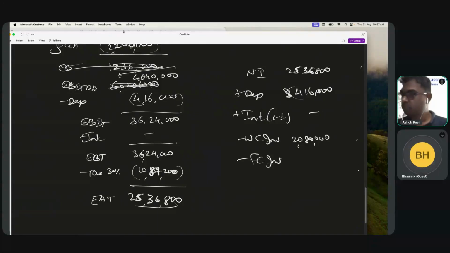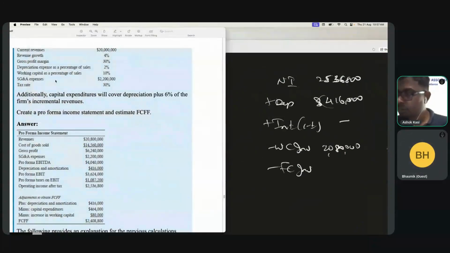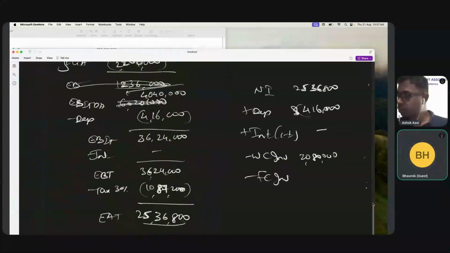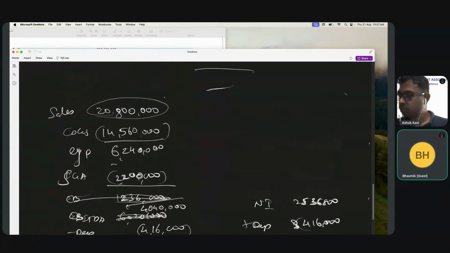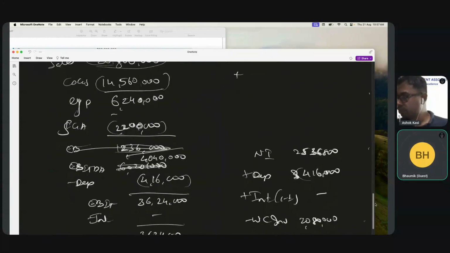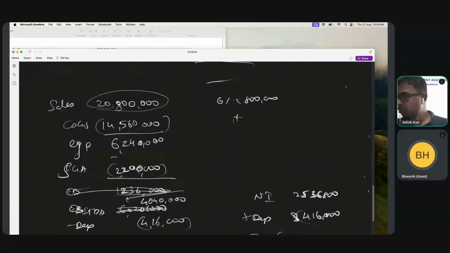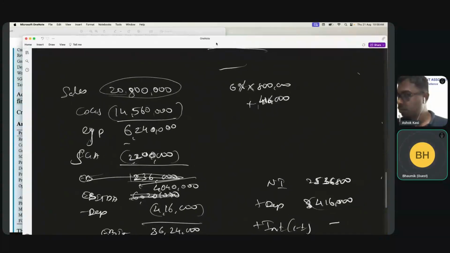Okay. Then fixed capital investments. Capital expenditure will cover depreciation plus 6% of the firm's incremental revenues. So 6% of 800,000 plus depreciation. Depreciation is 416,000. I did not understand this.